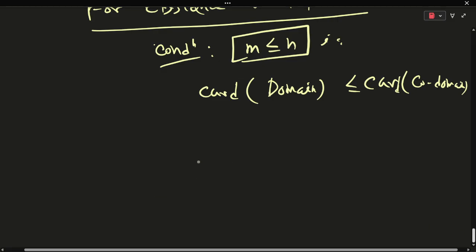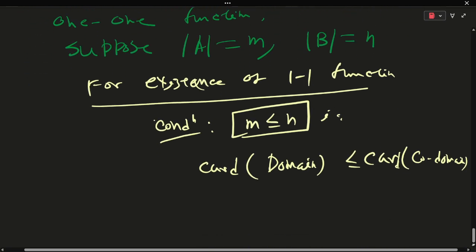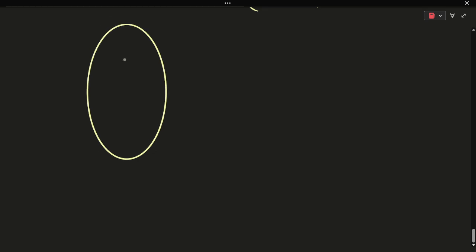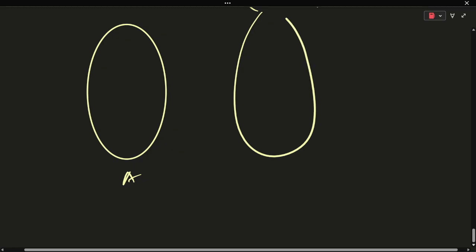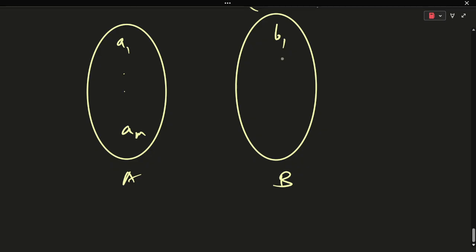So now the problem is how many one-one functions are there, right? Let's count. Okay, this is domain A, this is codomain B. Sorry, A1 to Am, and B1 to Bn.